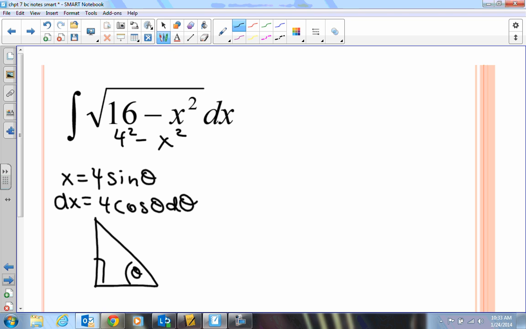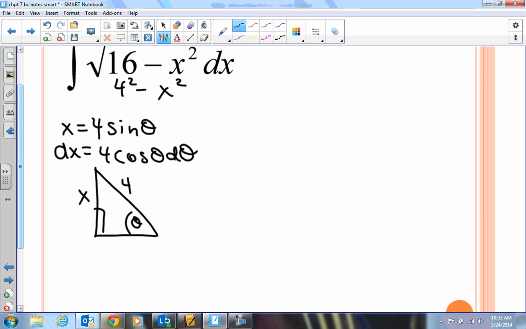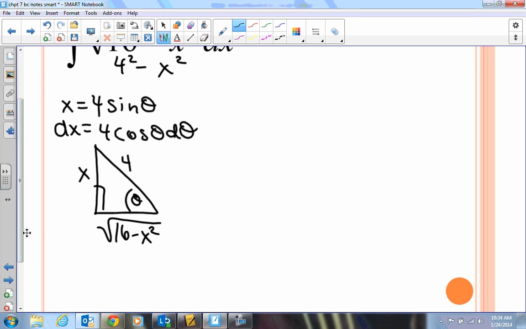So sine is x over 4. Fill in the remaining side. Pause. Is that the one that we had? Yeah. Okay. Pull out from here the radical over the number. What relationship is that? Cosine.